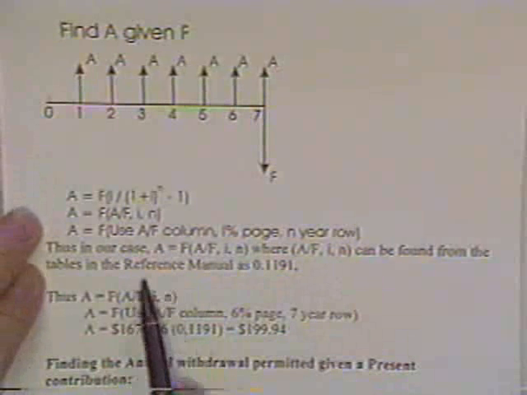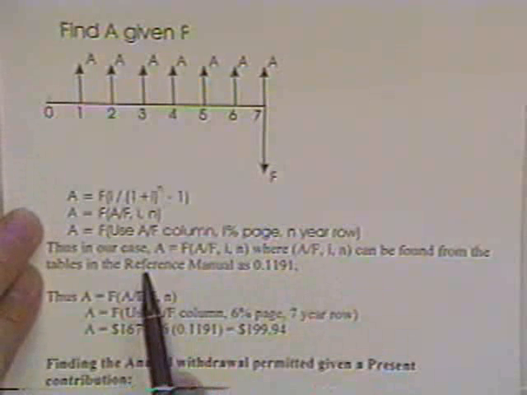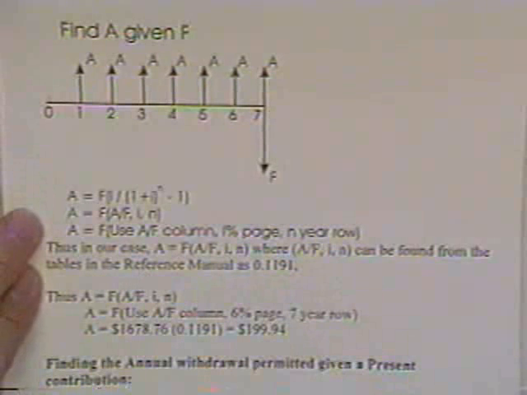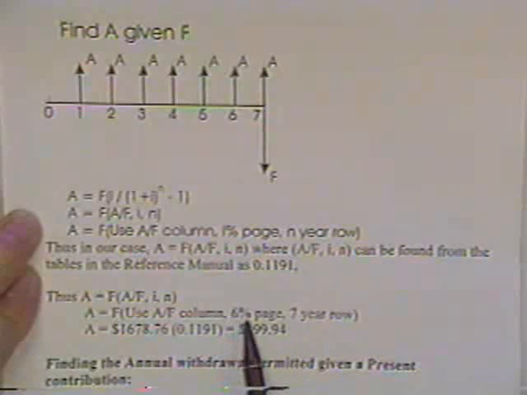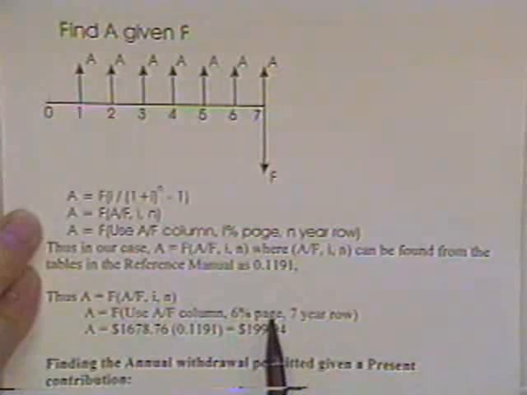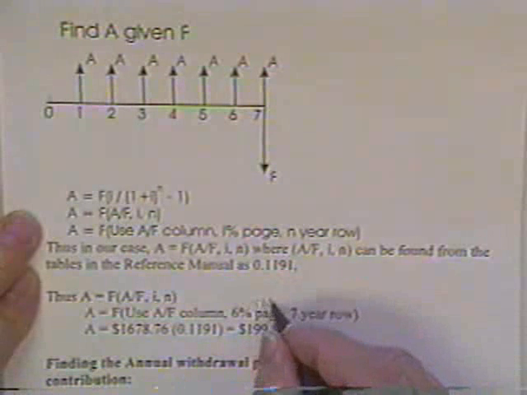In our case, you can look in the reference manual. Forget what the problem said, we wanted a 7-year period, so we go to the 7-year row. Oh, here we go. It was 6% interest, so we go to the 6% table.